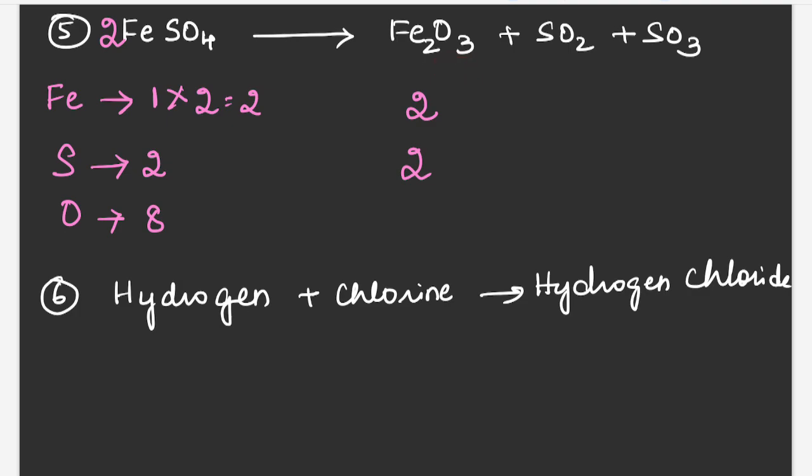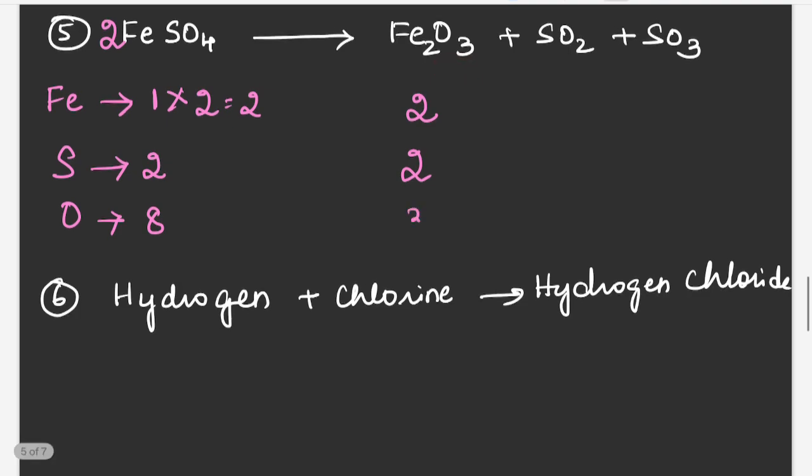So I'll write here 3, plus here you can see 2 are there, plus 3. So can you see here 3 oxygen, 2 oxygen, 3 oxygen. If you add this, how much will you be getting? You will be getting 8. So it is balanced on both sides. This is the balanced chemical equation. Is that clear?